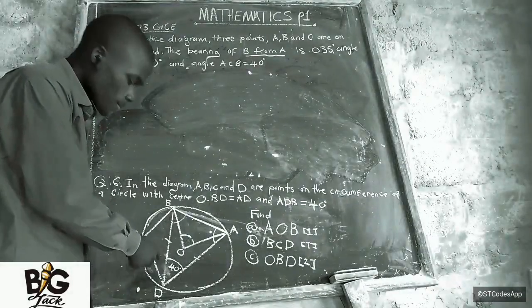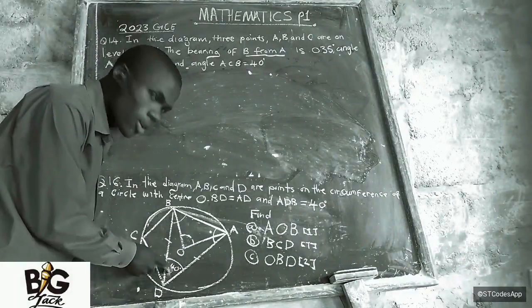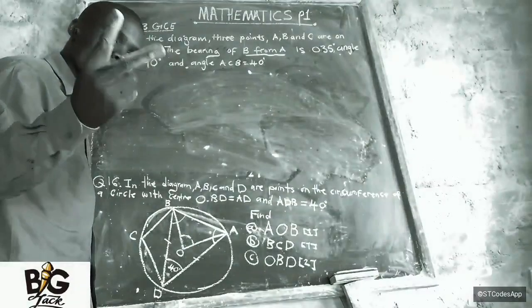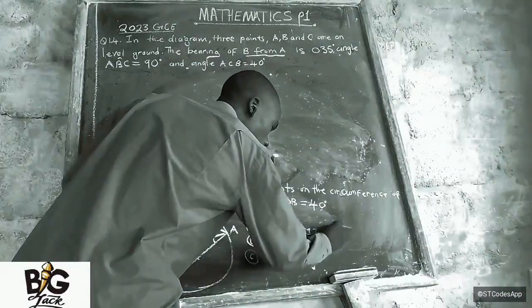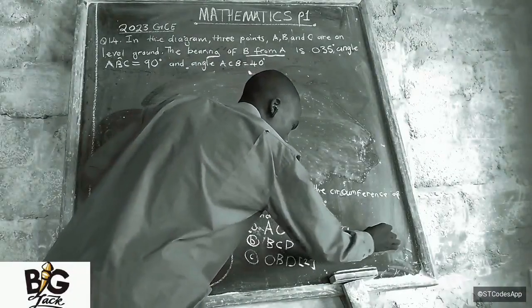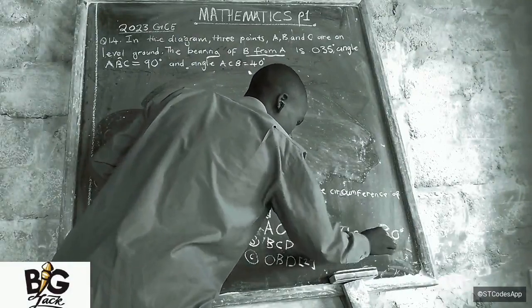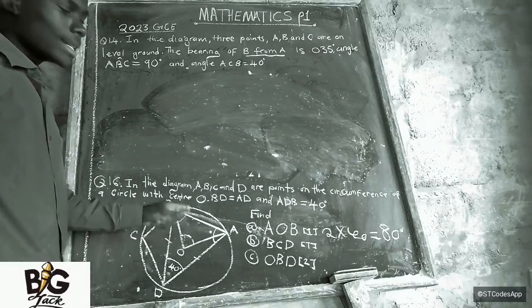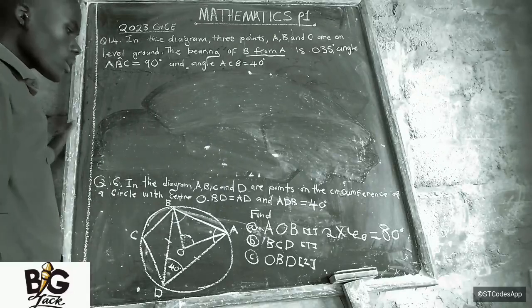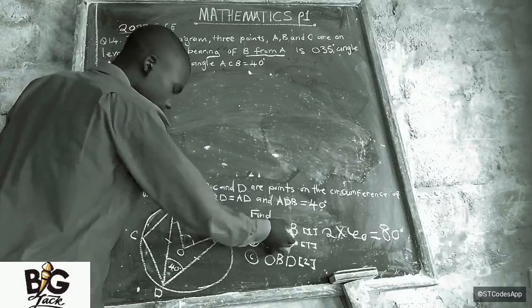When you say twice, this angle here is coming 2 times. Which means for us to find this one here, I'm going to say 2 multiplied by 40. Then the answer is going to be 80 degrees, like that. So our answer here is going to be 80 degrees.